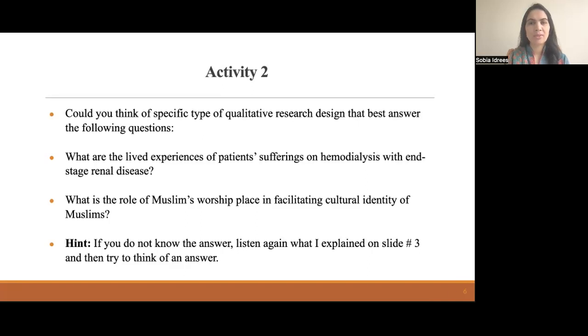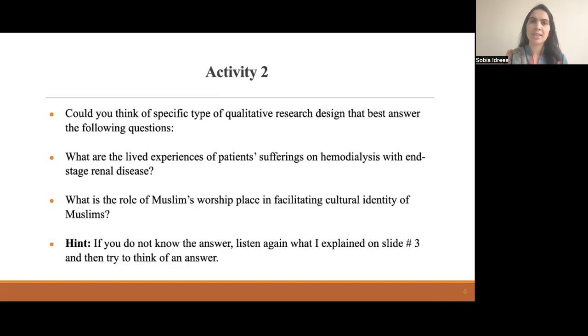So these are two questions. I understand that we haven't talked about the different types of qualitative research in detail yet, but we will talk about it in later lectures. But I have given you a little bit of explanation on types of qualitative research.